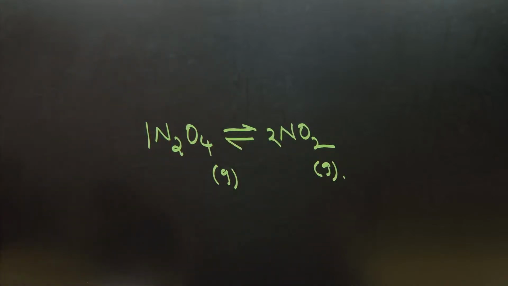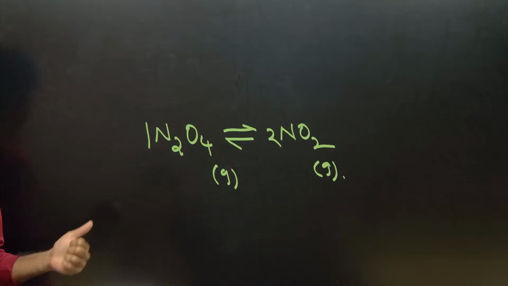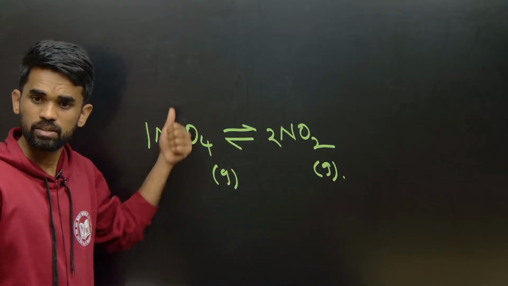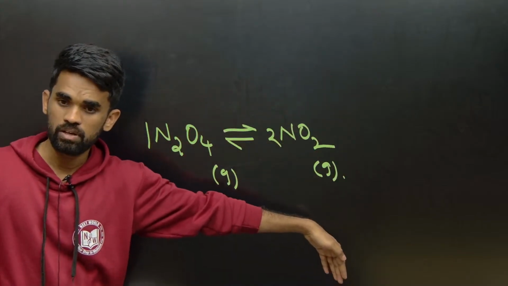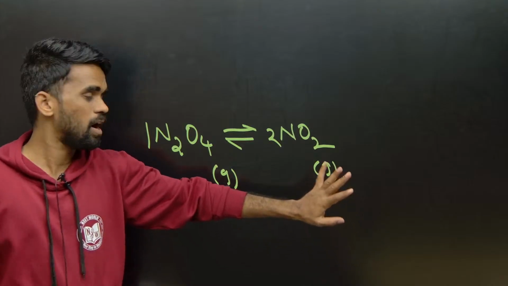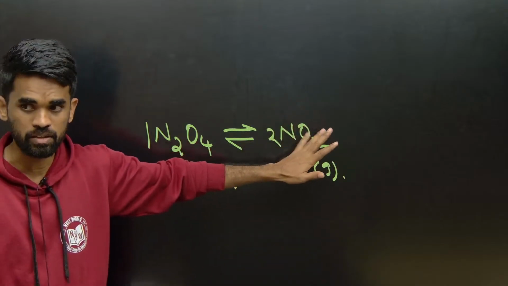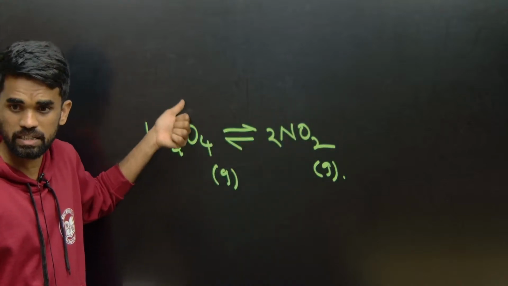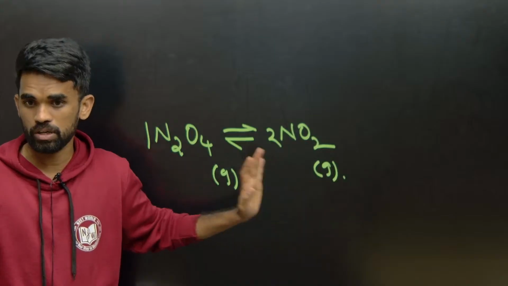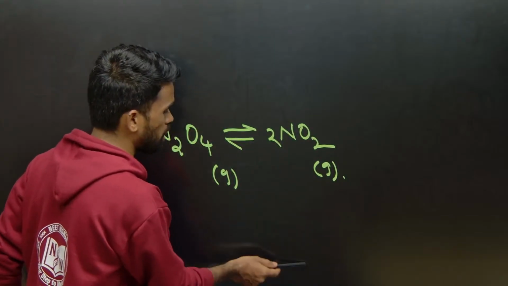Tell me, what are the possible ways we can answer this? Effect of concentration, you tell me. If we increase the concentration of reactant, or decrease the concentration of product NO2, the forward reaction is favored. I am asking for production of NO2, so either we should increase the concentration of reactant or decrease the concentration of product, that is it.